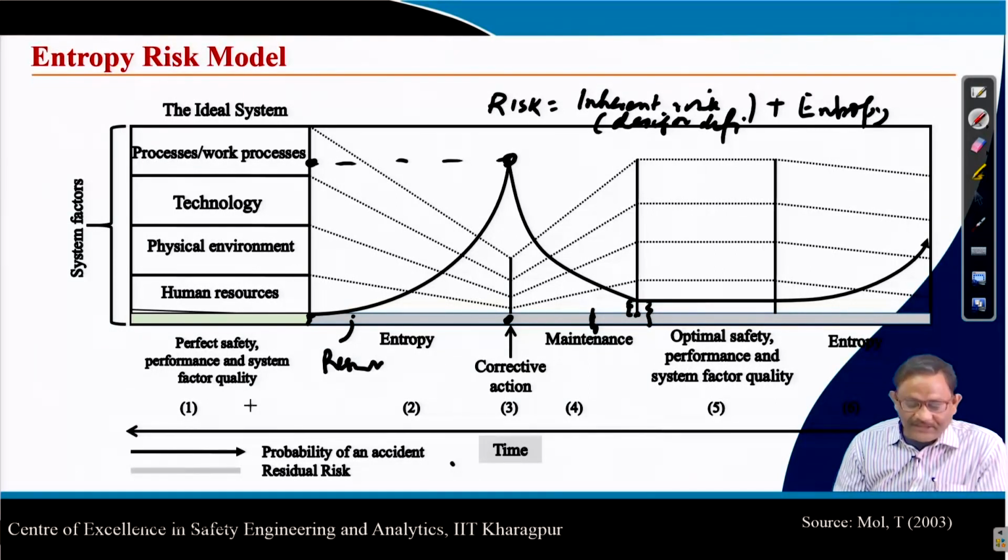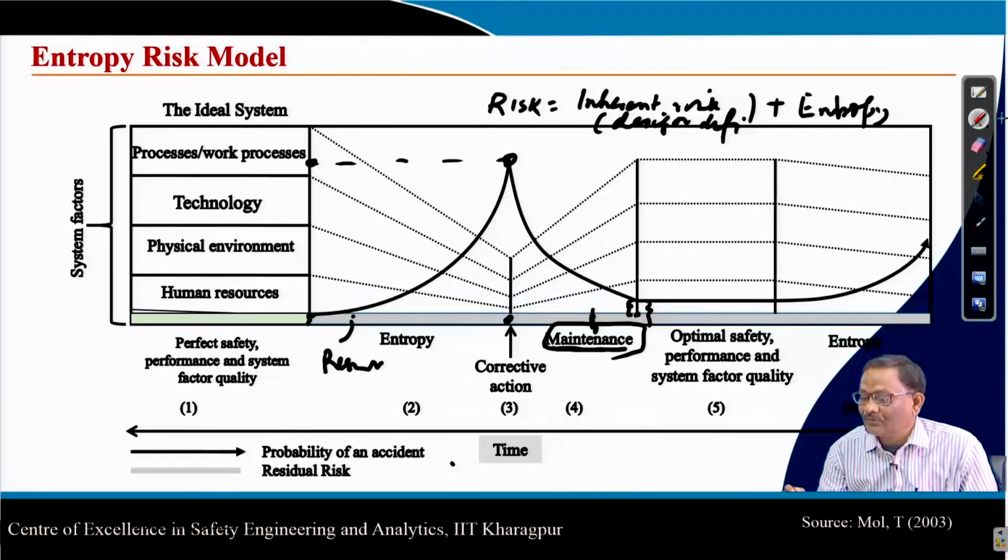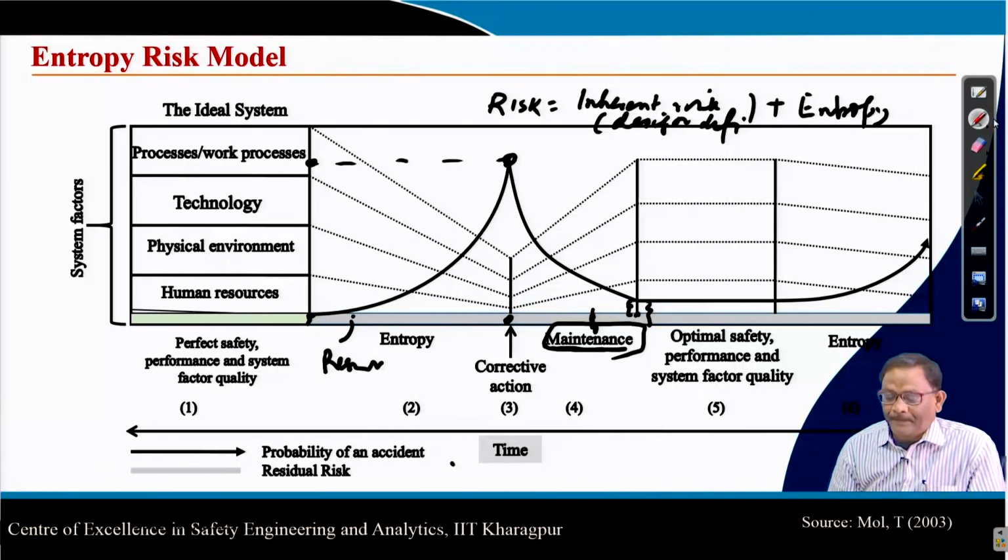You see that maintenance plays a big role, and as I told you, maintenance must be taken into consideration. While collecting data for the safety database, don't ignore the maintenance part.